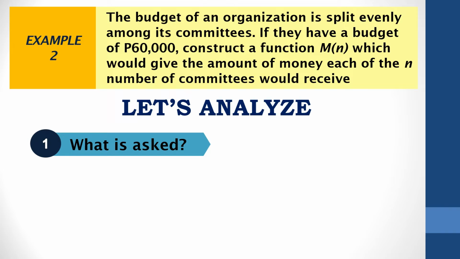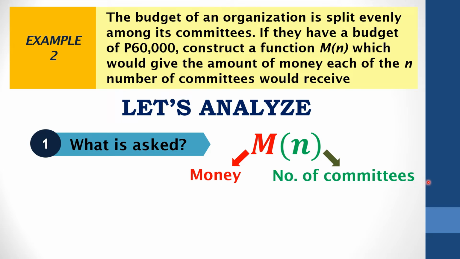So, ang hinihingi dito ay mag-construct tayo ng function m of n, where our m is the amount of money that each of the committee would receive in terms of their number.